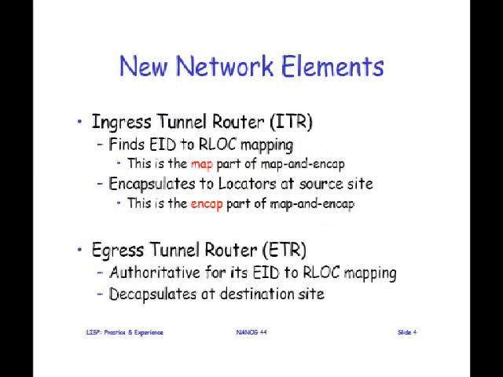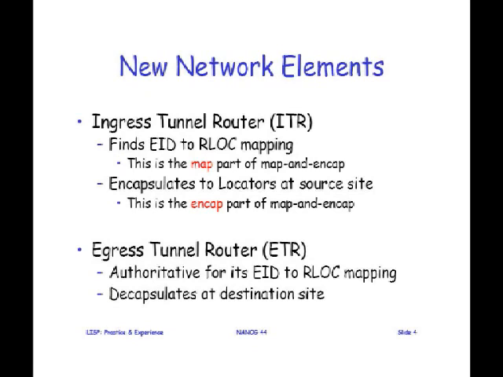There's two new network elements here too. One's called ITR, ingress tunnel router. By the way, this terminology has kind of found its way into the lexicon of all of this, so it's pretty standard now. But basically, this is the device that sits on the edge of your network that finds the EID to RLOC mapping. That's the map part of map and encap.